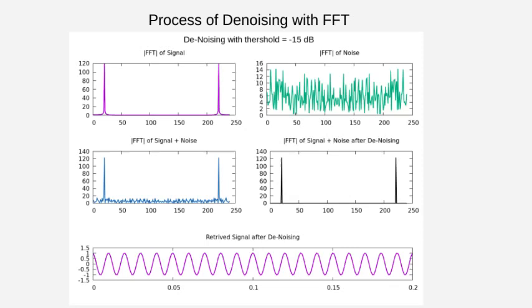As a result, the probability distribution becomes Gaussian, or a bell-shaped curve. And after that, we have understood how more data rate means more bandwidth is required. More data rate means more bandwidth. And then we have seen the process of denoising. Thank you for listening.